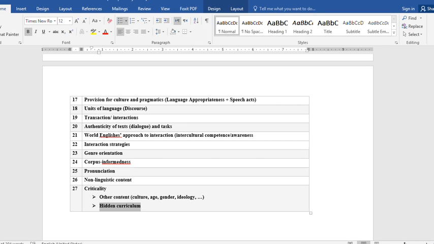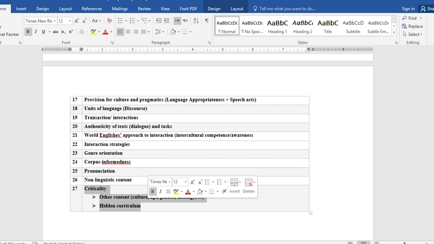So criticality means to be aware of your own needs, to be aware of the purposes, and to know how those purposes serve them. What kind of knowledge is there? Does the textbook want you to memorize and learn controlled knowledge, or is it empowering you to assess your world?